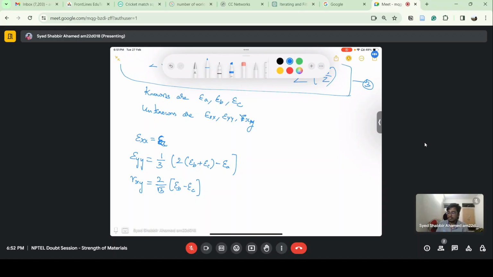I've got values. First, we know epsilon xx is equal to 300 microstrains. Now, let's calculate epsilon yy: 2 into 400 plus 500 minus 300.